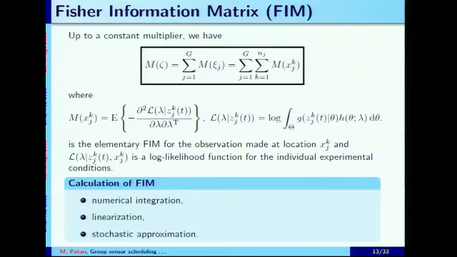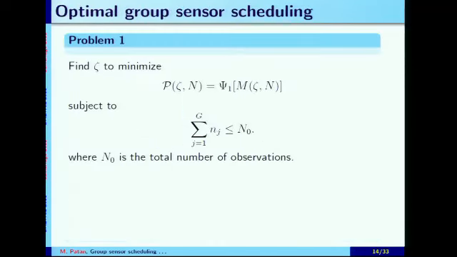Tomorrow there will be a whole session on how to approximate properly using some stochastic methods, Monte Carlo approaches, and linearization, and so on. So we can more formally write down the problem as determination of the group design in order to minimize some measure operating on the Fisher information matrix.